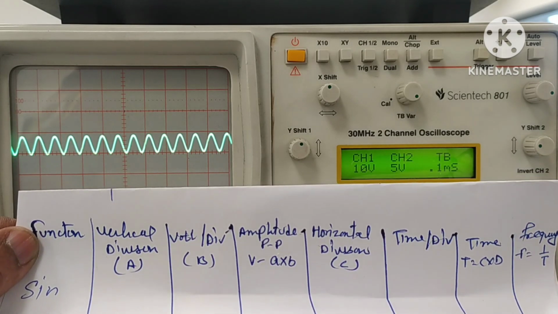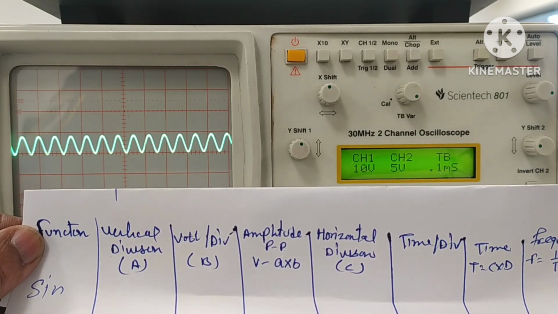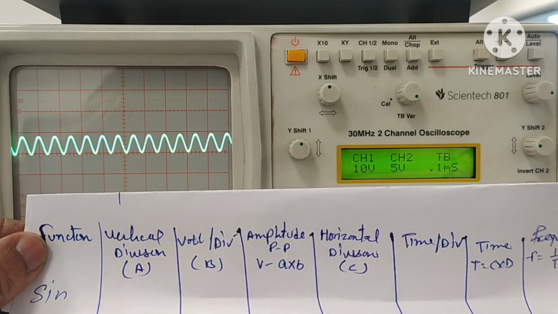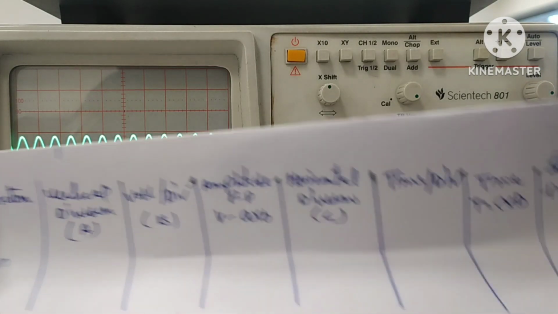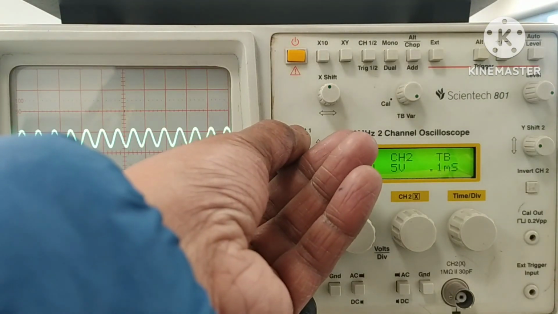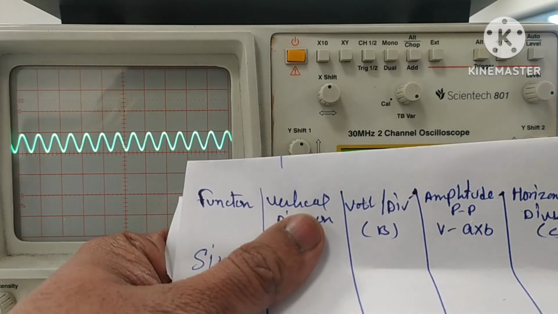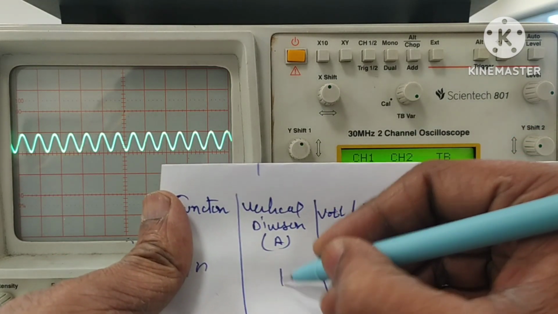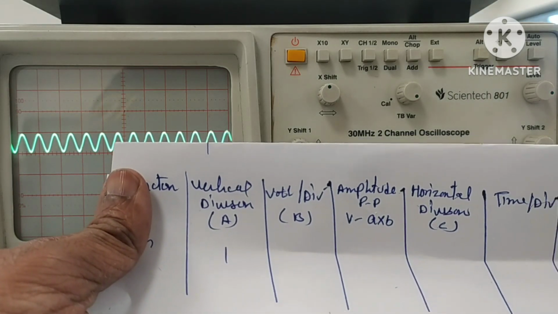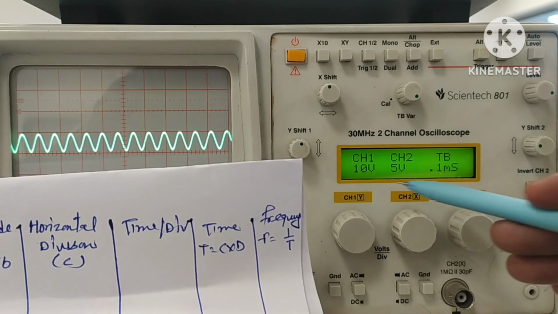and vertical division covered by the signal. So one box is your one division, second box is your second division, and the signal which we are giving to the CRO covers peak to peak one division. So I'm writing there 1, and the voltage per division set by us on CRO is CH 10 volt.